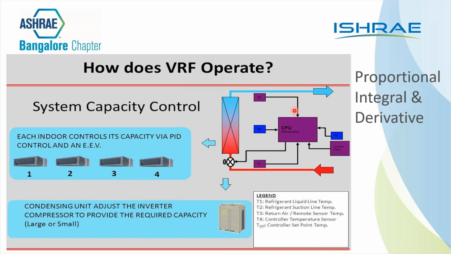So this is a diagrammatic representation where you have a refrigerant liquid line, a refrigerant suction line, and then you have a remote sensor and a temperature control sensor. Please note you have 2 sensors here. One is the air sensor and the other one is the temperature sensor on your coil.